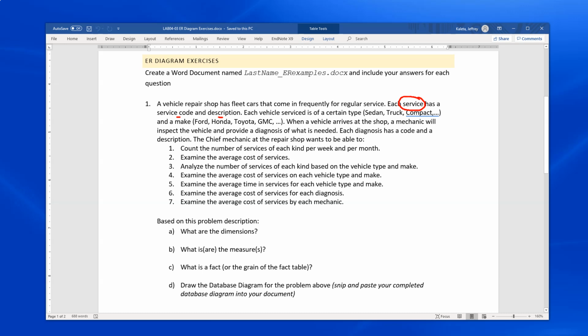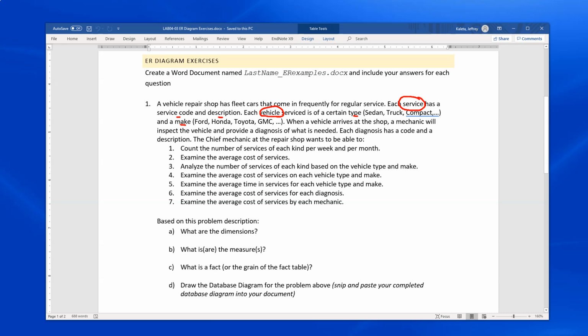Each vehicle serviced is a certain type and make. Well, type and make are also attributes of a noun. Those attributes belong to the vehicle, so we know the vehicle must be another type of dimension.